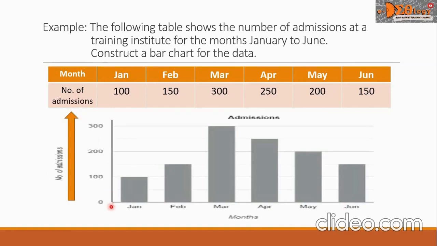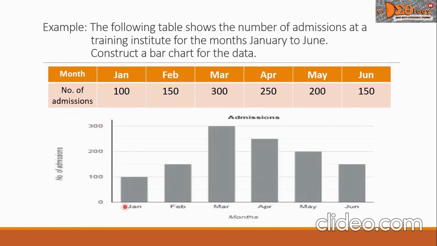The vertical line is numbered on some intervals: 0, 100, 200, and 300. We stop at 300 because the highest frequency here is 300 only.